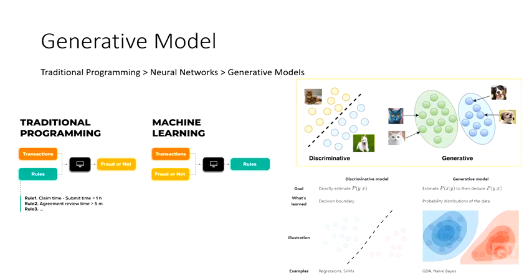Our program will check each transaction against the defined rules and see if there is anything anomalous, and then flag that transaction as fraud. In machine learning, we do not give the rules. We give the transactions and whether each is fraud or not, and then the machine will learn those rules. Then if you give a new instance, it will use the learned rules to detect whether it is anomalous or not.